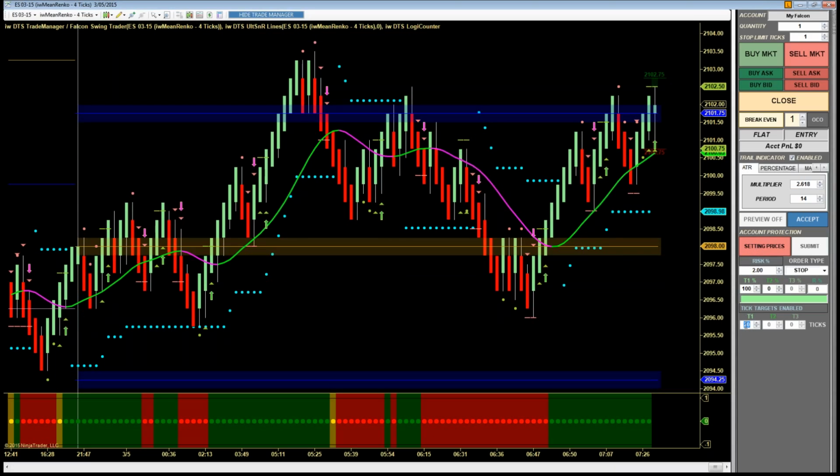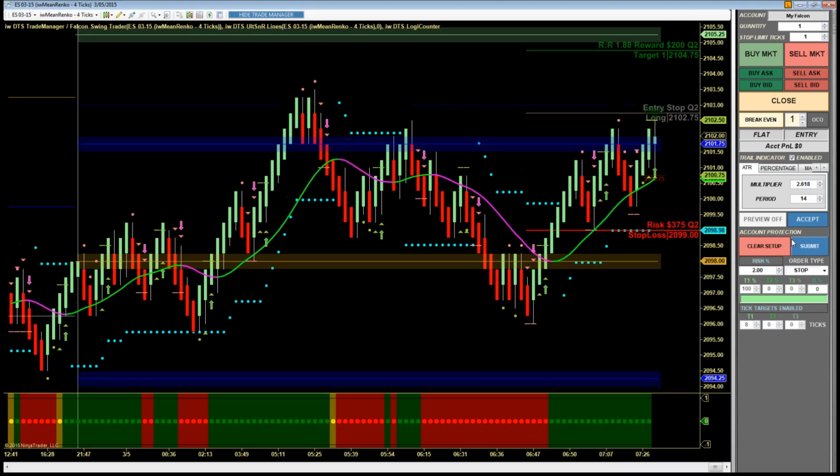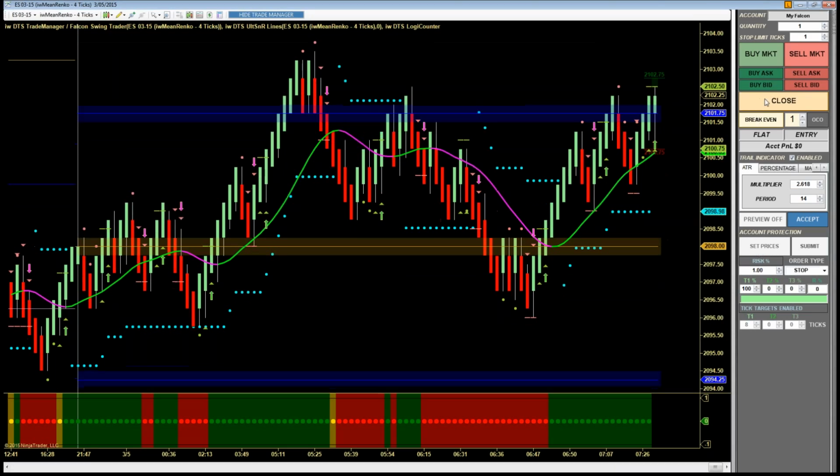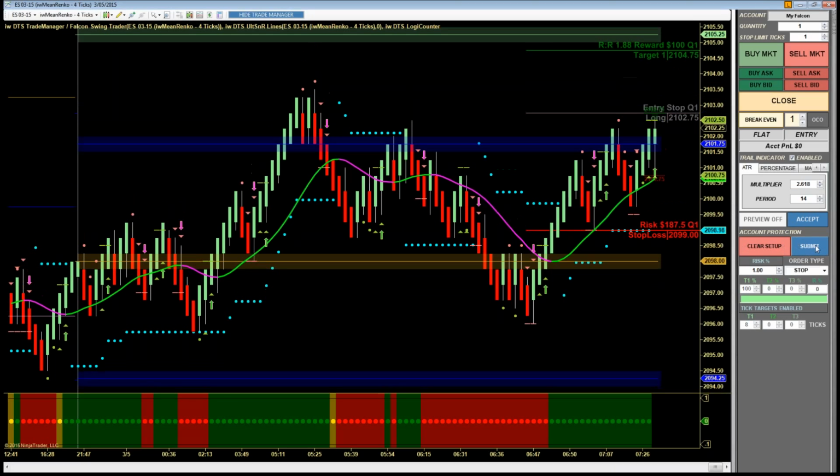I need to adjust my profit objective because this is the Falcon. And you know what? The market is still range bound, so why don't I dial down the risk a little bit on this one? Why ask for trouble?